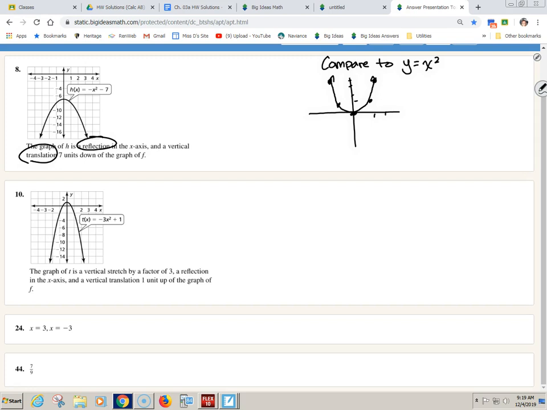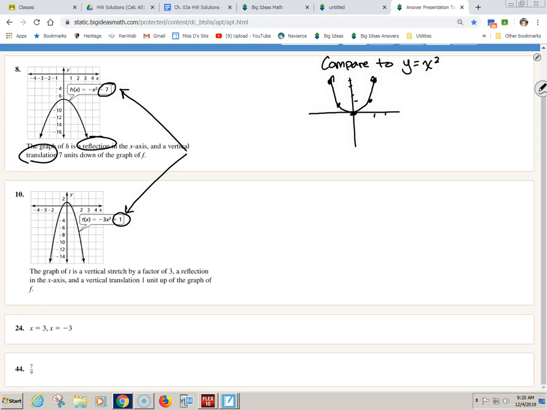Now here's the cool thing. If you did your tables correctly, and if you did your sketches correctly, you could have looked at them and compared and maybe used words to describe just fine. But if you understand there's a pattern, maybe you can use these wordings or these changes to actually double check your work and make sure you did it right.